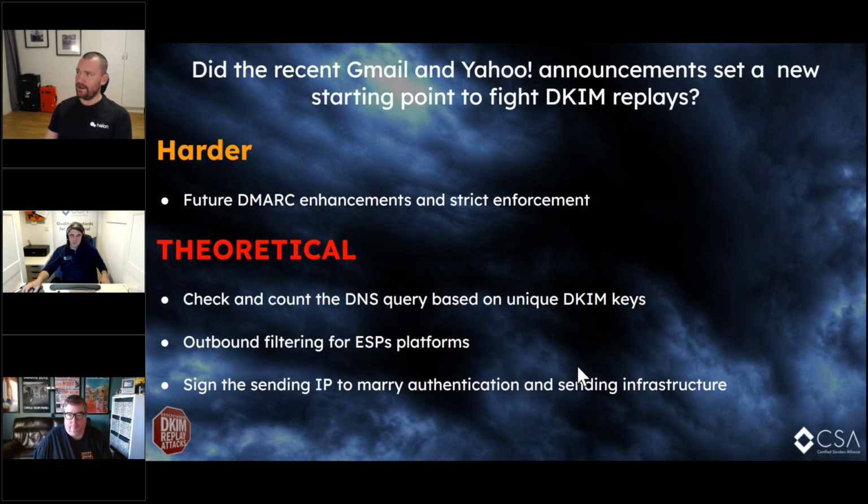So we ran a short proof of concept by mating the sending email server with the DNS service, which meant that every client got their own DKIM key, but also every message got its own selector for the key in the DNS. That allowed us to track every DNS result that comes back to us for each message, which would very rapidly show up if you were the target of a DKIM replay attack.